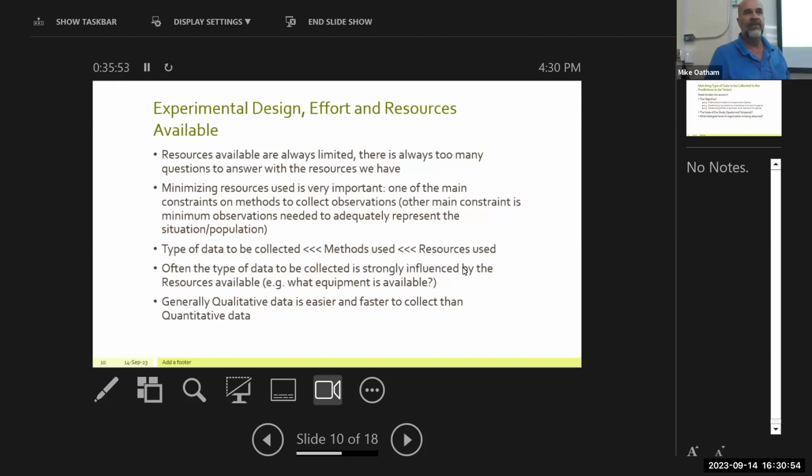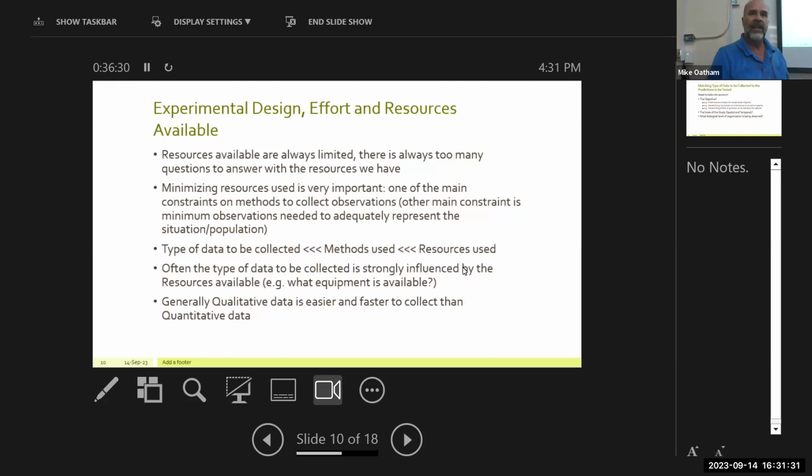So the idea is to find that sweet spot, which is the minimum number of samples that we should take and adequately represent what we are measuring, the population that we are measuring. Okay? Any more, and we're wasting resources. Any less, and we're not adequately representing the population that we're measuring. So there are ways in which we can do this.